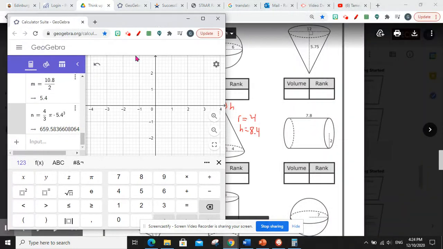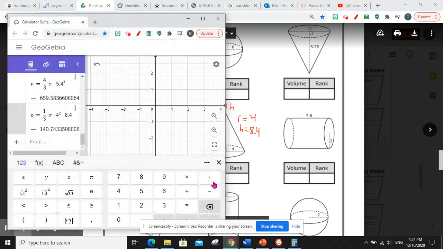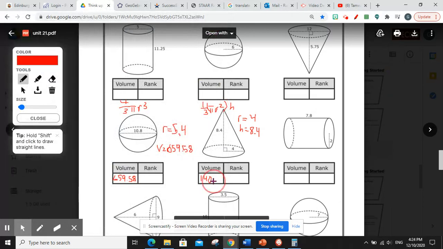So it's 1/3, arrow out, pi. My radius is going to be 4 squared, arrow out, times my height, which is 8.4. And that is going to equal 140.74. Because it's a 3 after that, it's going to stay at 74.